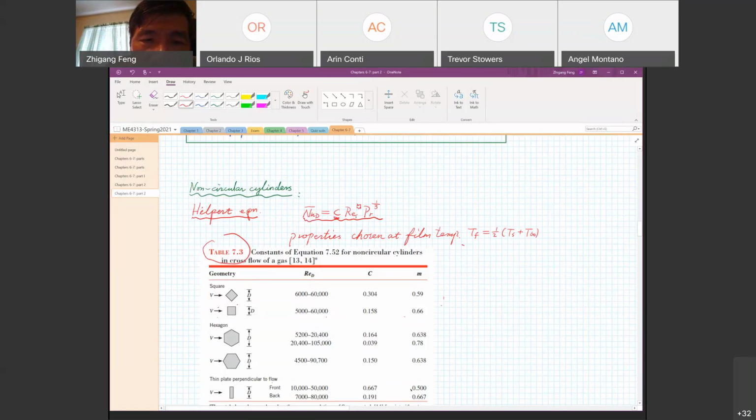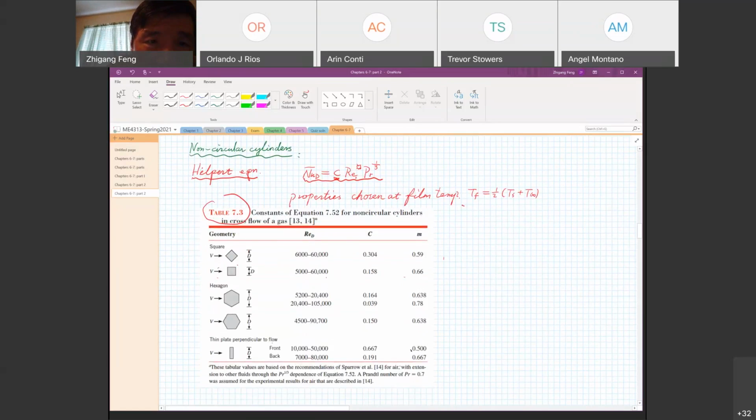And it depends on the shape of the cylinder, whether it's a square cross-section or other type of cross-section. And also for each cross-section, the flow direction will affect the heat transfer. So you see, for the square cross-section, it lists two types of flow directions. One is flow perpendicular to the diagonal.